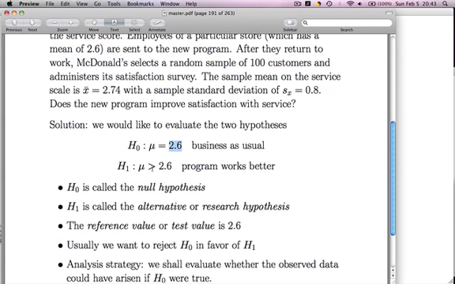What we'd like to do is evaluate whether the data we've observed, a mean of 2.74 out of a sample of 100, could be possible if this null hypothesis is true. That's the basic strategy we're going to follow.